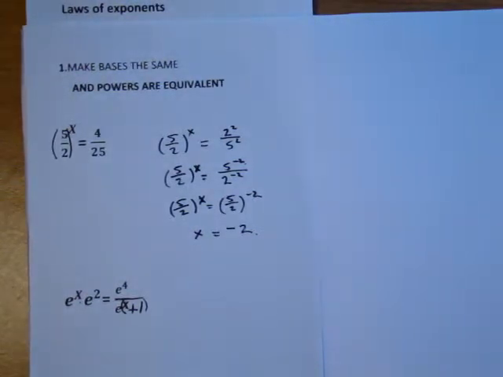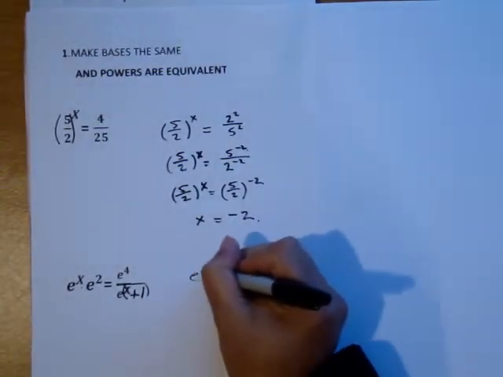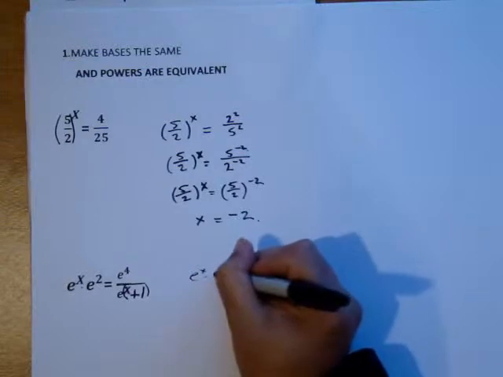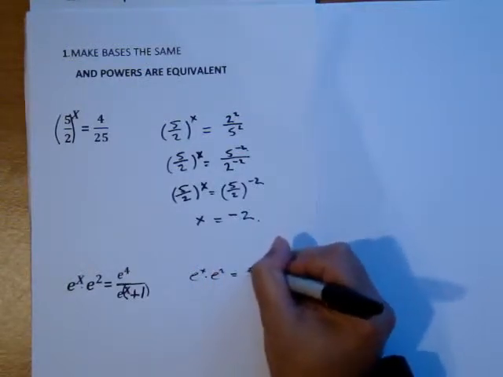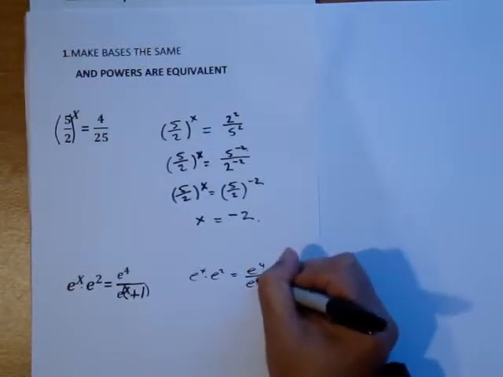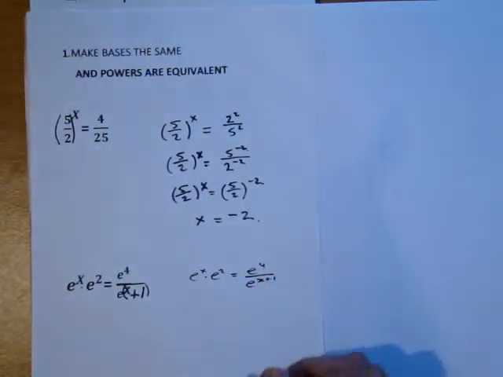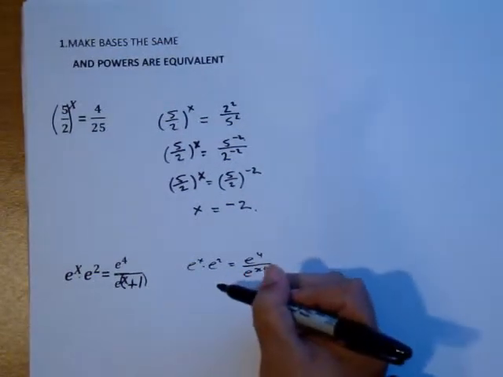In this next one, e^x times e^2 equals e^4 over e^(x+1). Now let's have a look at this.